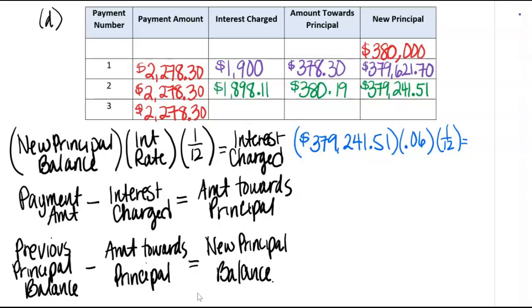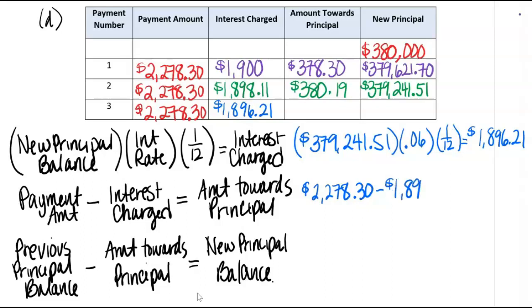That gives us interest charged of $1,896.21. For the amount towards principal, we take the payment amount, which is $2,278.30, minus the interest charged, which is $1,896.21.